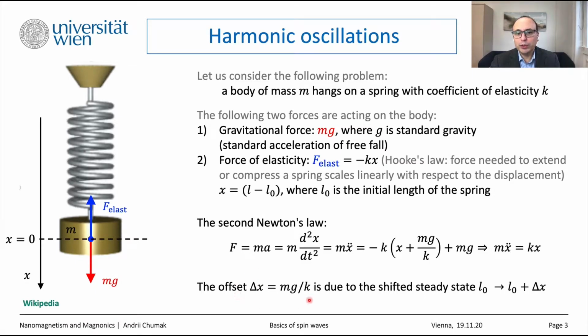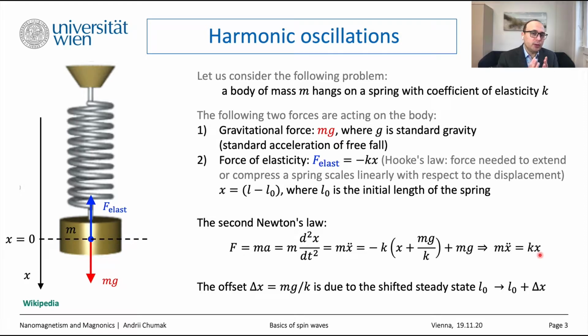You can show that you need to take into account such a displacement delta x, which is mg over k, and I have just written it here. And in such a way, if you write x plus mg over k, this k disappears, and this mg compensates this mg. And you come to the very simplest equation of motion of a harmonic oscillator, m x double dot equals minus kx.